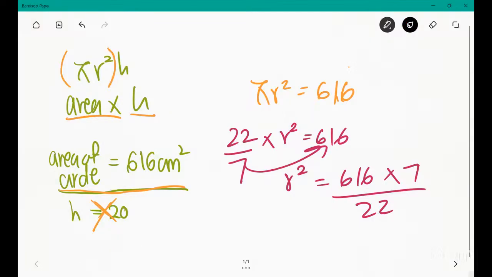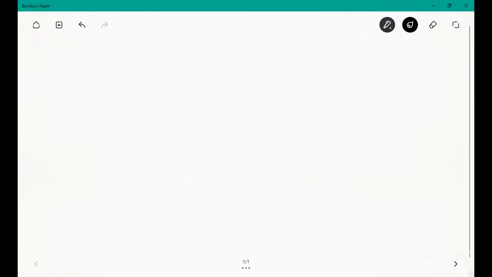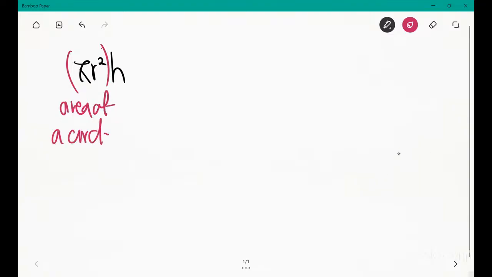Okay, so the question was, remember our equation, pi r squared h. How did we find this equation of volume for a cylinder? It's the area of a circle, which is this part, and h is the height, into the height.